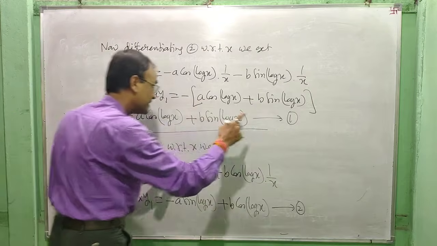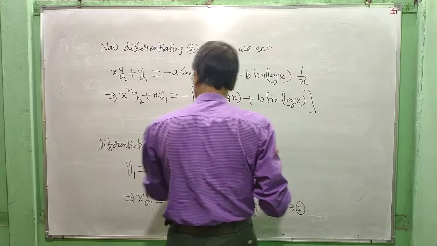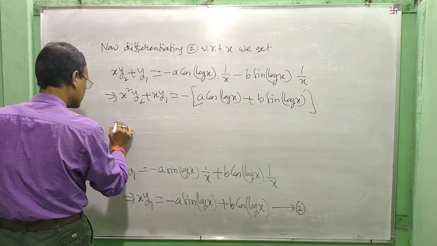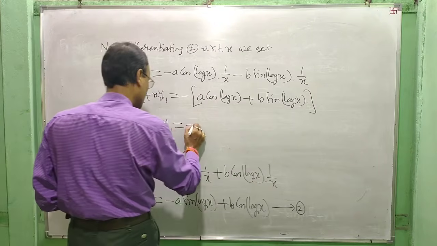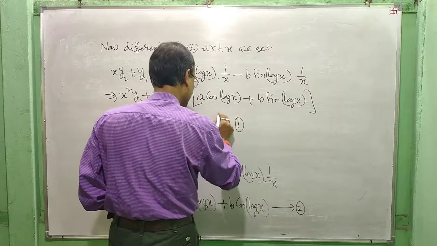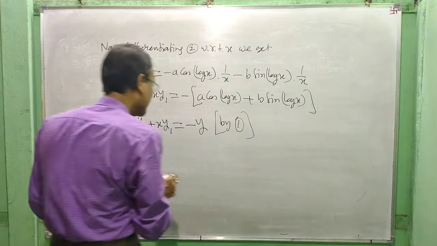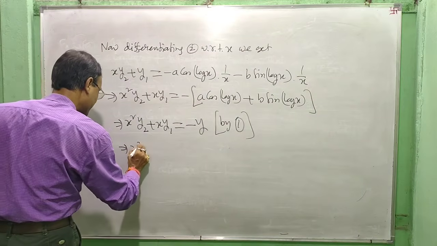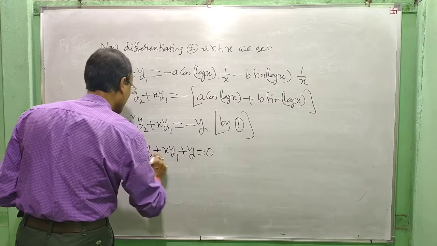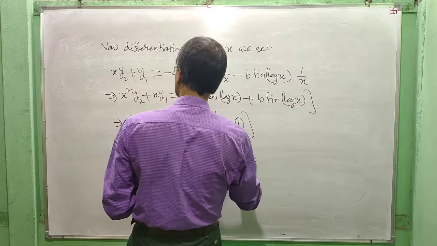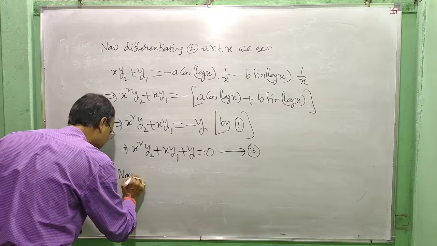By 1, this can be replaced by y. So x square y2 plus x y1 is equal to minus y, using 1. This means x square y2 plus x y1 plus y is equal to 0. Suppose this is number 3. Now differentiating 3 n times.